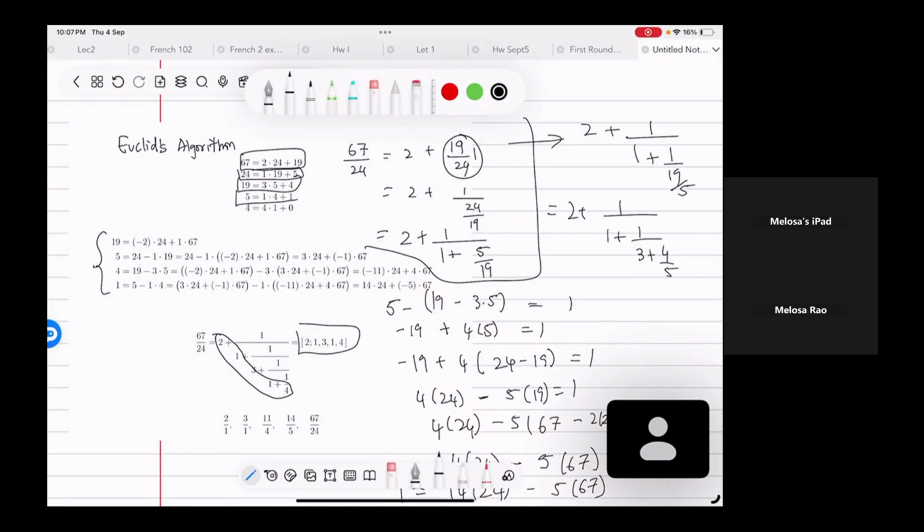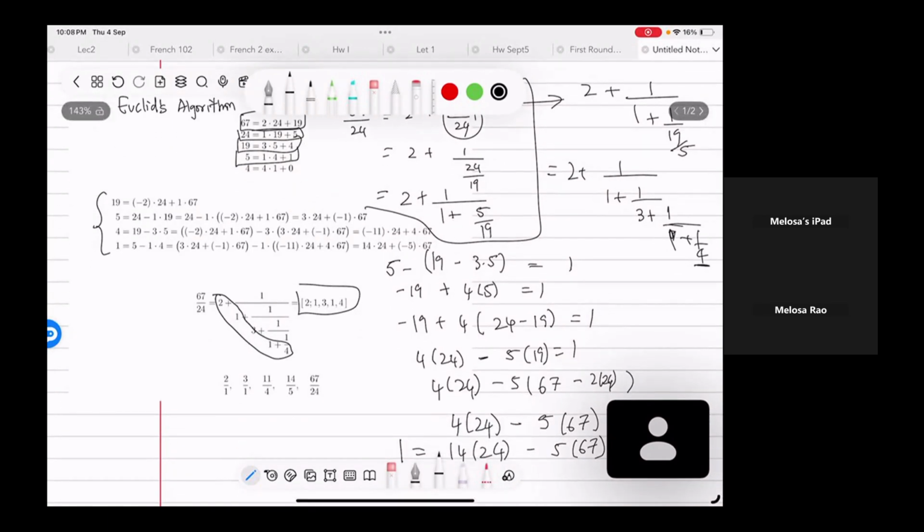Now we use the fourth equation, but before that, let's rewrite 4 over 5 as 1 over 5 over 4. And then we can rewrite 5 over 4 as 1 plus, dividing both sides by 4 of this equation, 5 over 4 is 1 plus 1 over 4. So just rewrite this as 1 plus 1 over 4. And this is our GCD. This is just where it terminates. We cannot go any further.